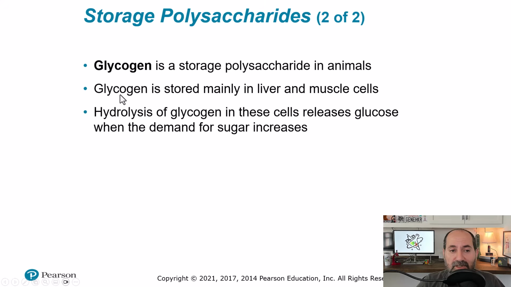Let's say you eat a big meal, you have excess glucose floating around your body. Your liver and your muscle, your skeletal muscle cells, take up that glucose, and then they will do a dehydration reaction to produce glycogen, to string those glucose molecules together into the polymer or polysaccharide glycogen.